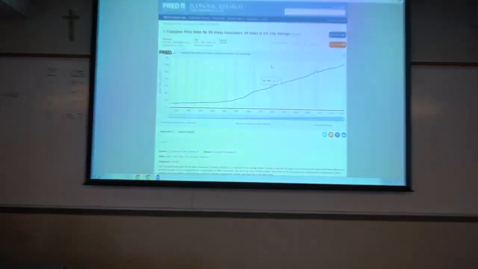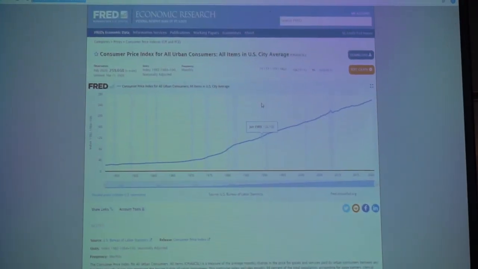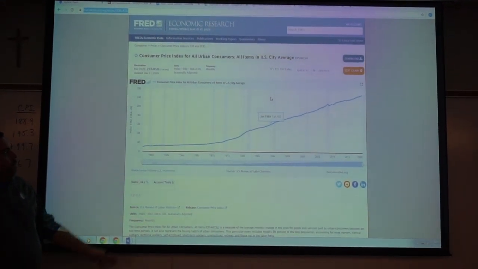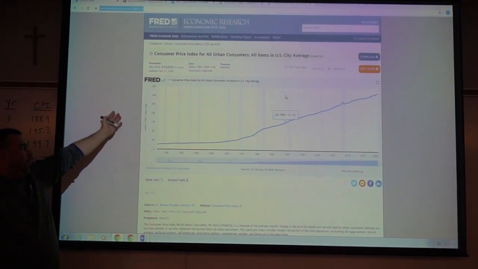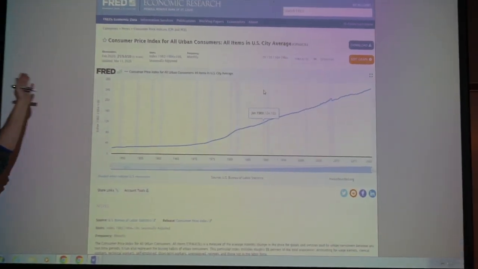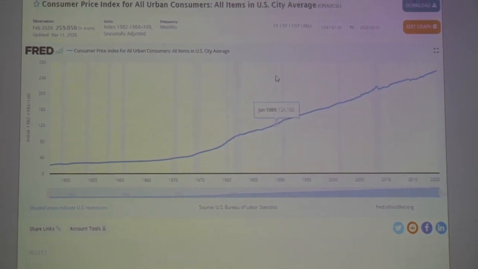There we go. I went to the Federal Reserve site, and again, I'm using the CPI because I think that's just the most relevant to you guys as students. And I've pulled up, this is prices using the CPI since 1947, 48, something like that. And no shock, prices have gone up over time.